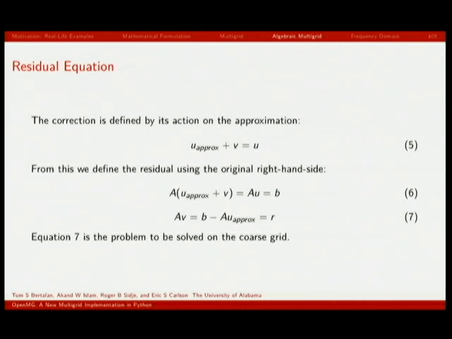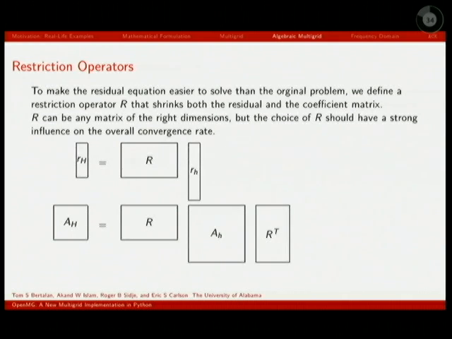So the way we do that is by looking at this correction equation, where you have the initial approximation, you want to find that v to correct it, changing this to a residual equation, and then coarsening that residual. And then you have this AV equals R equation, which you solve not at full resolution, but at coarse resolution. So by using some sort of non-square restriction matrix, you can coarsen in the first row here that residual.